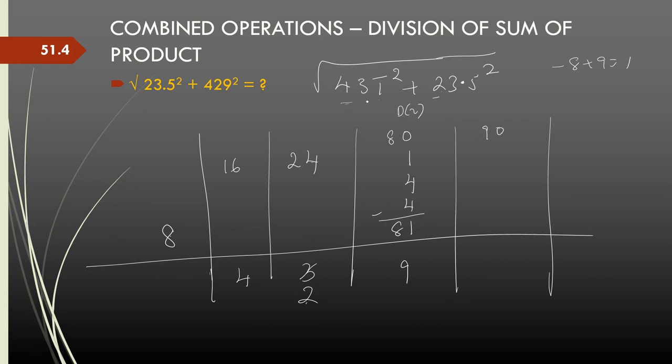Now calculate the parts. Here the part is duplex of 3 and minus 1, that is 2 into 3 into minus 1, which is minus 6. Here the part is 2 times 2 times 3, which is 12, and the adjustment is duplex of 2 and 9, that is 2 into 36.